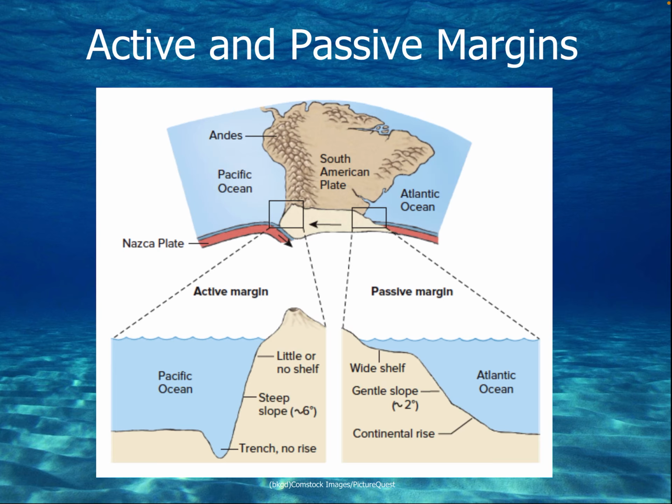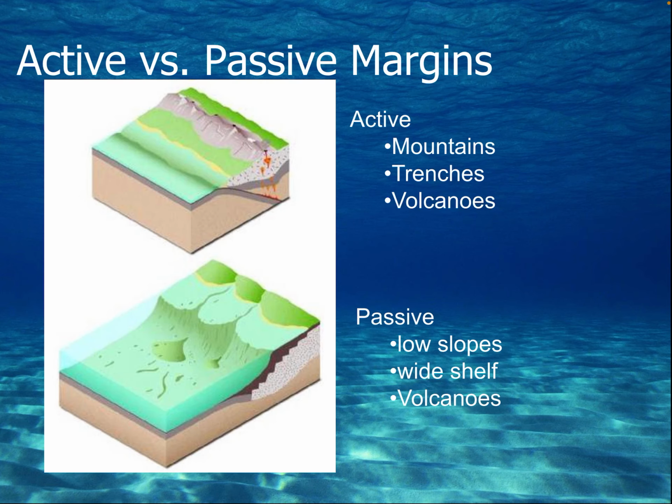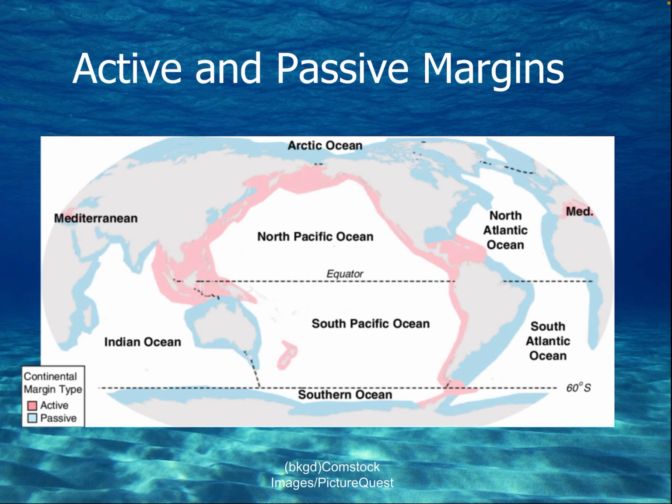It's a passive margin. You have a wider continental shelf, a more gentle slope on your continental slope, and you have a continental rise at the bottom right before the abyssal plain starts. But on the active side, on the Pacific side, you do have a trench. So this just kind of sums that up a little bit.